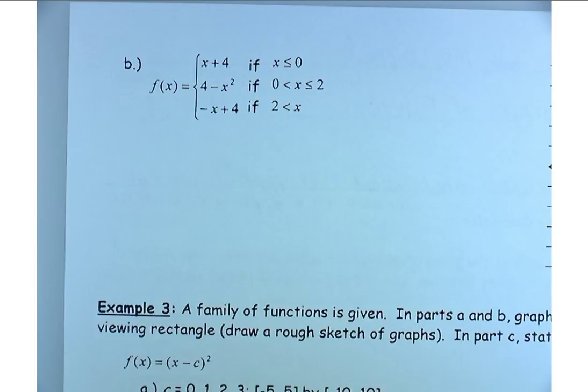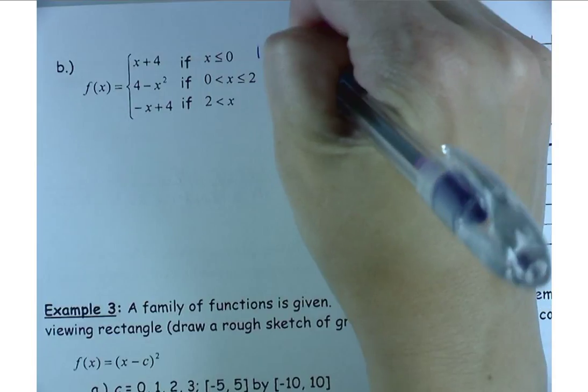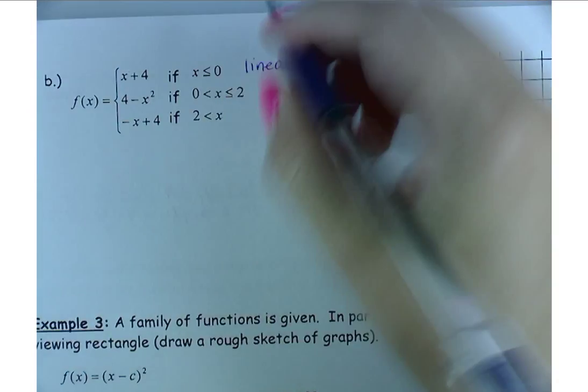Okay, so Aiden, for number 1, what type of function is that? Linear. It is linear. Is it going to be going up or down from left to right? Up. Yes, good, okay, because you have a positive slope.